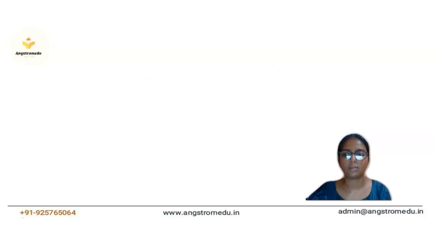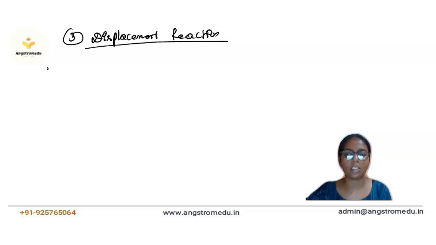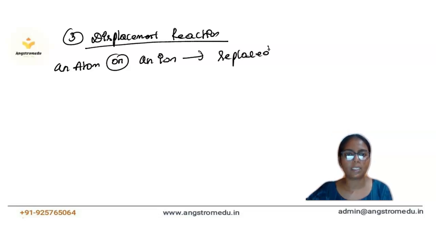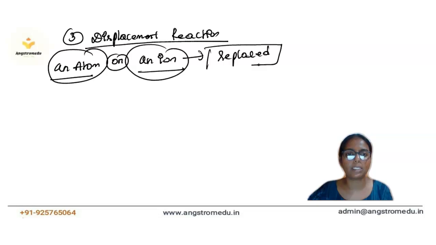Let's move on further. Next, the third one, that is the displacement reaction. Here it is a kind of reaction in which an atom or an ion in a compound is replaced. There is no particular atom or ion; either an atom or an ion is replaced in a reaction.